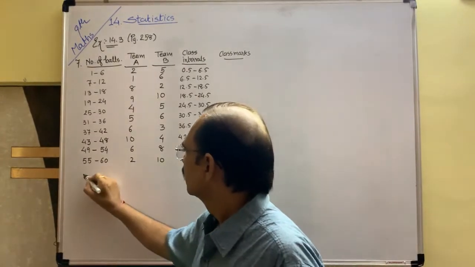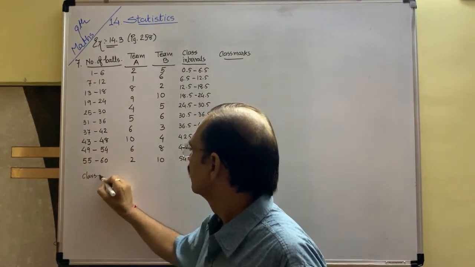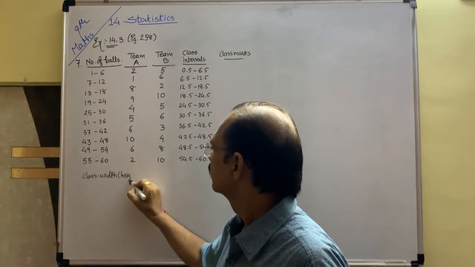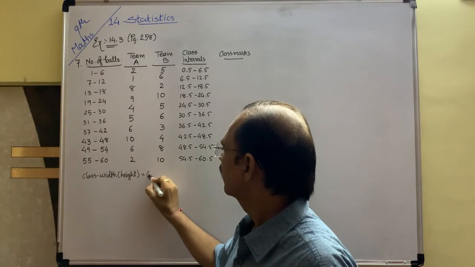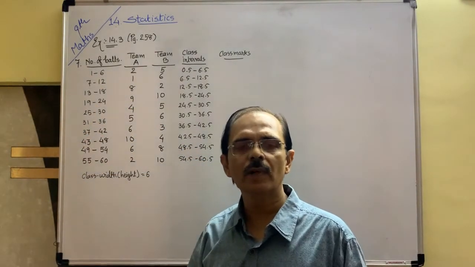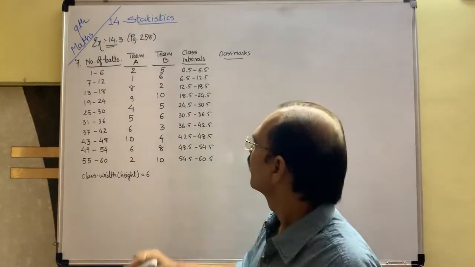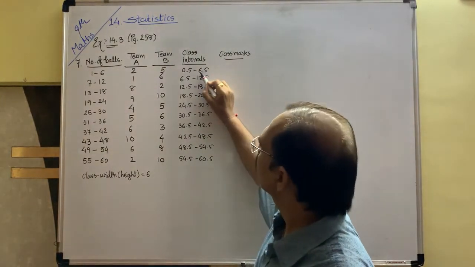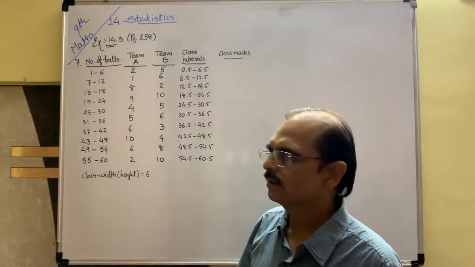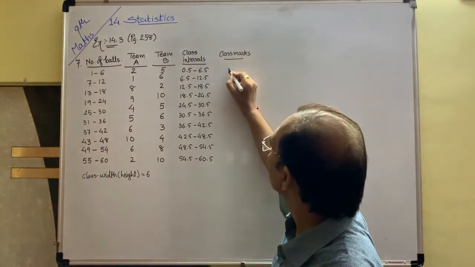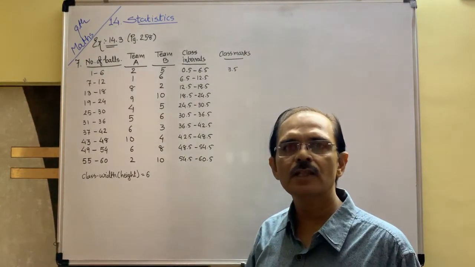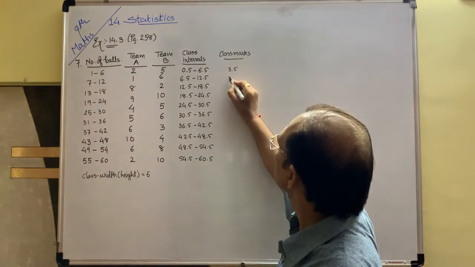So here write class height or class width is 6. Now find out first: 6 plus 1, 7. 7 divided by 2, that is 3.5. Here also, if you apply this, 6.5 plus 0.5 will be 7, 7 divided by 2 is 3.5. After that, add 6 to each class mark.